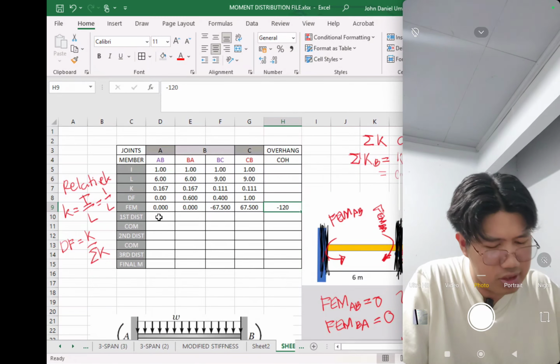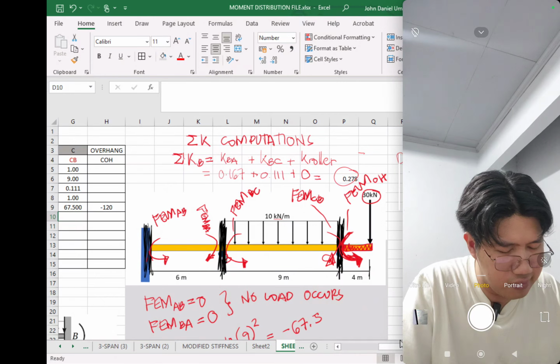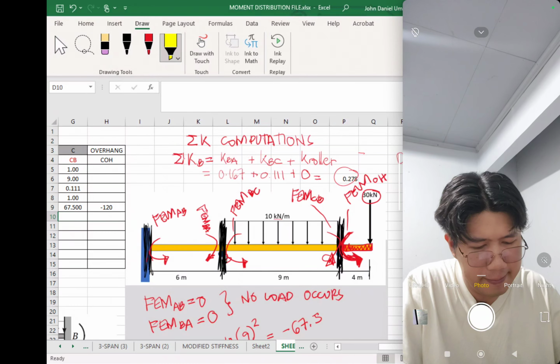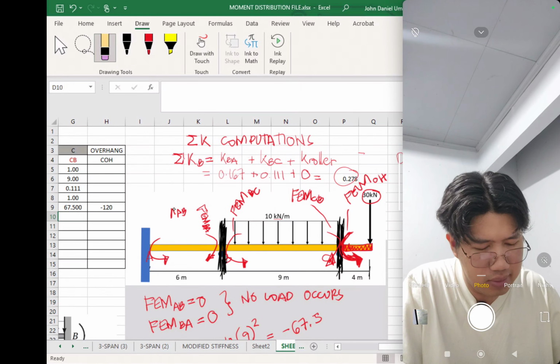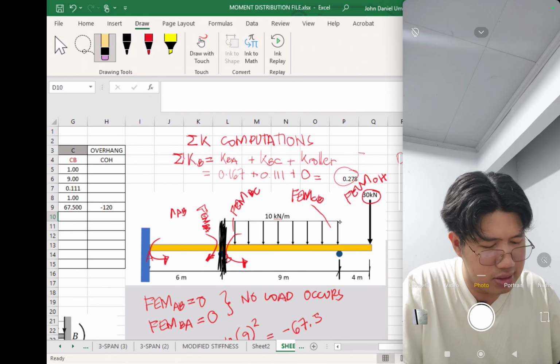Okay, and then the first distribution, ang tanong, pwede ba nating apply yung modified stiffness?